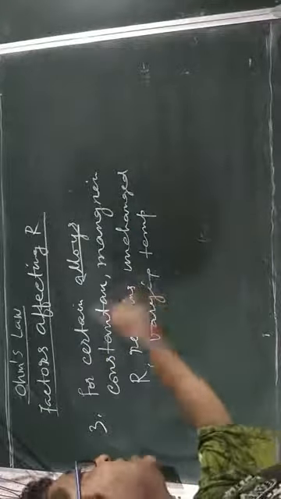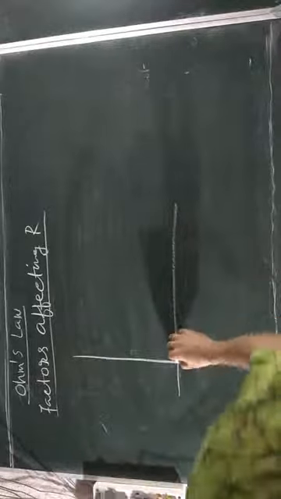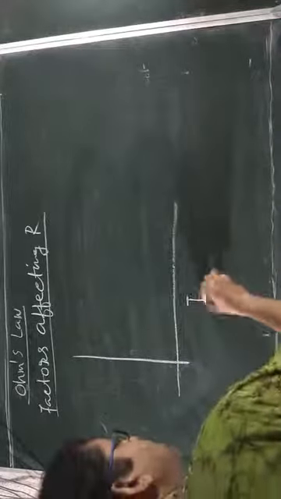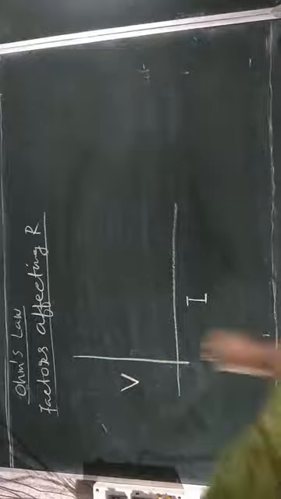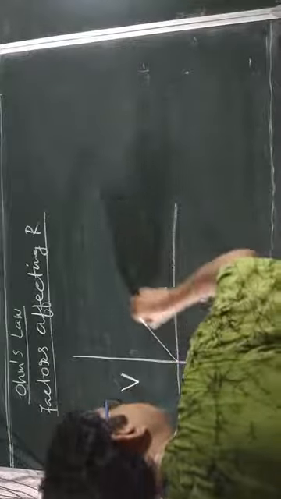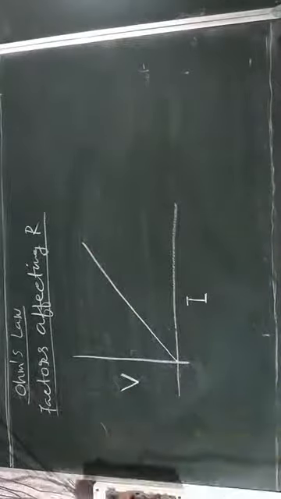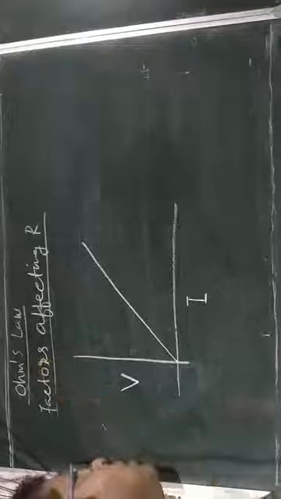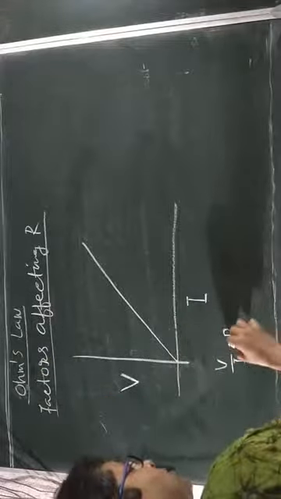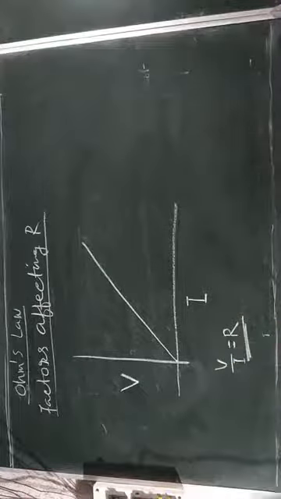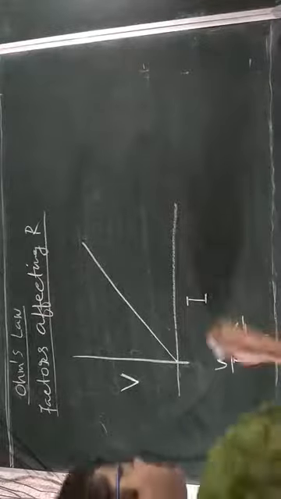If we make a graph of current against potential difference, then for ohmic conductors, meaning the conductors or the materials which follow Ohm's law, this ratio R is constant. That means it never varies.